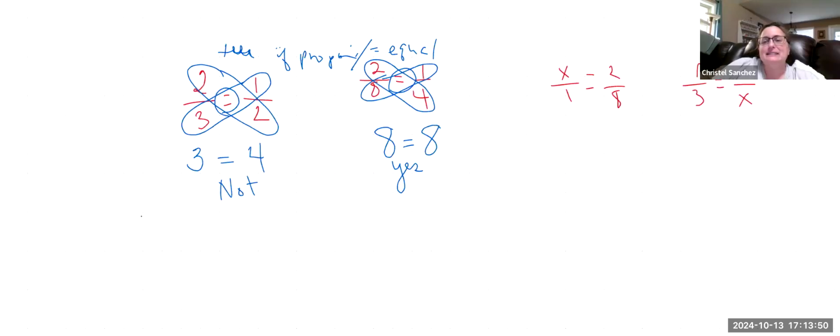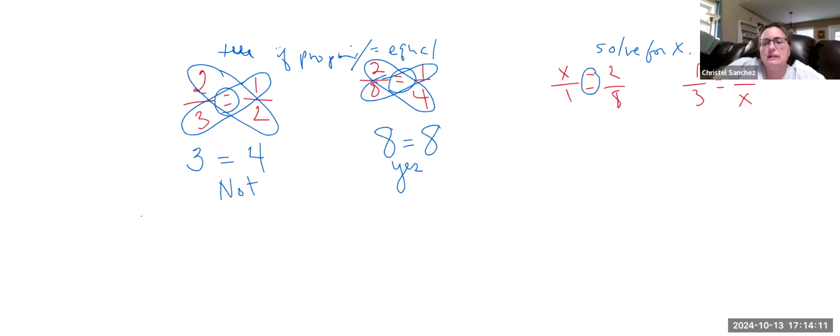Okay. All right, so now the other ones you're going to have to solve for X, or whatever letter is on the test, okay? So remember, if I have this equal sign, then how am I going to multiply? I'm going to multiply diagonal.